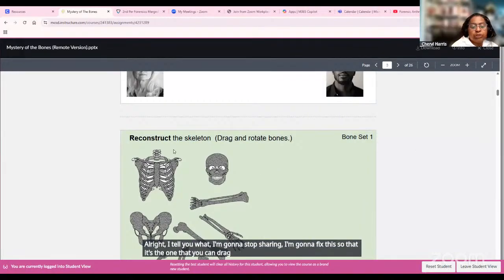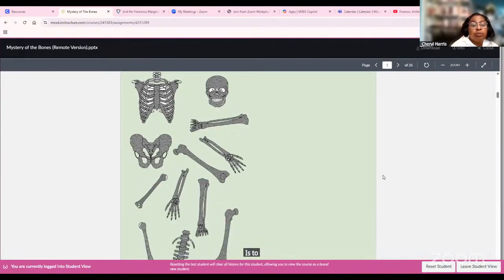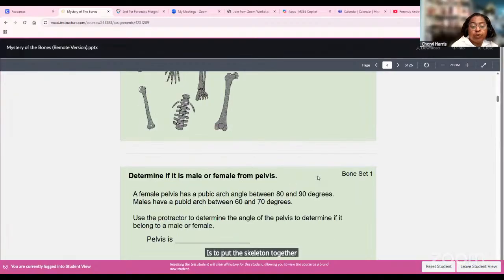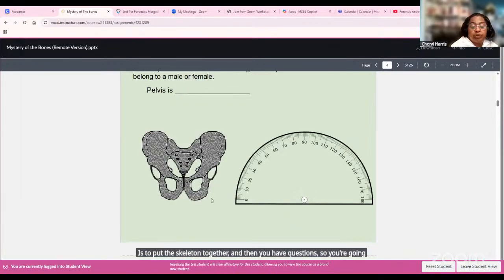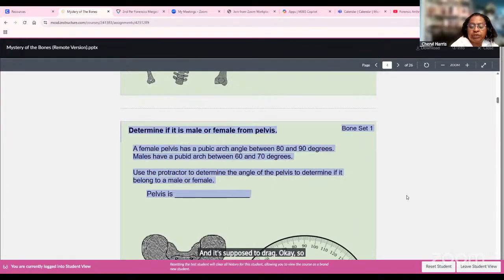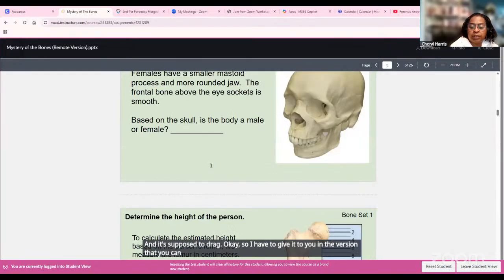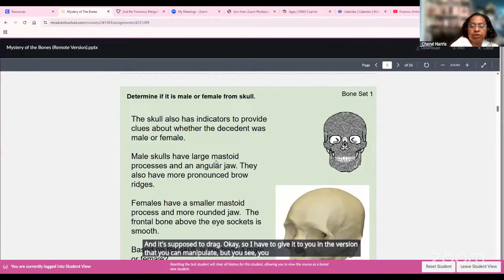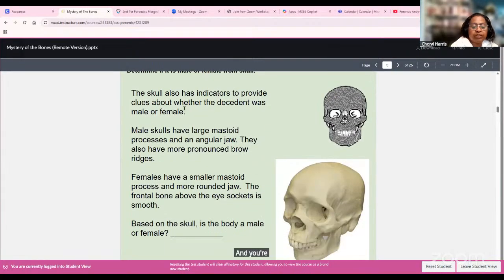And what you want to be able to do is to put the skeleton together, and then you have questions. So you're going to be able to measure the pelvis and decide whether the pelvis is male or female based on your measurements. And it's supposed to drag. Okay, so I have to give it to you in the version that you can manipulate. But you see, you're going to have a skull, and you're going to have information about the skull.